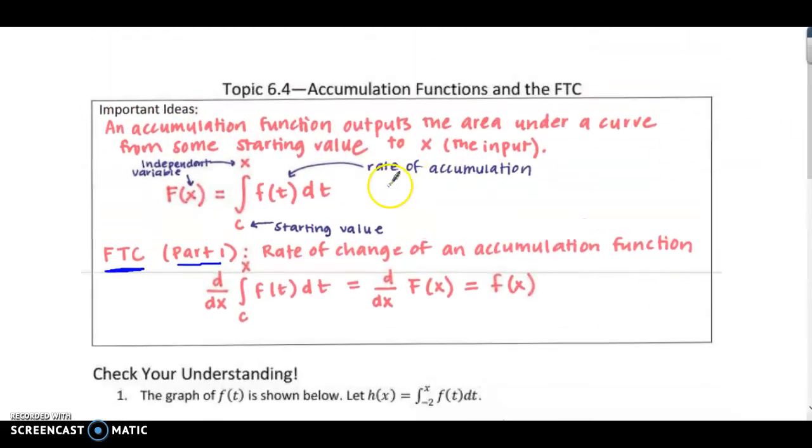But try to apply not only this idea here, but our fundamental theorem of calculus: the rate of change of an accumulation function, where the derivative of the integral equals the derivative of capital F of x, which is equal to lowercase f of x. We're going to look at this in class some more, but go ahead and work together, and then we'll look at this together when I get back on Tuesday.